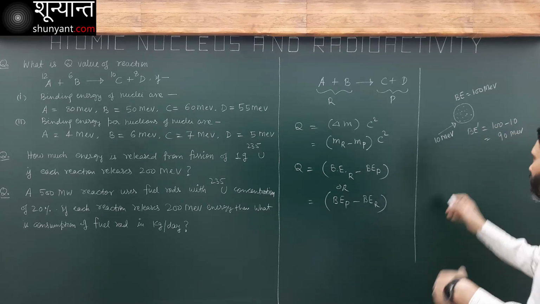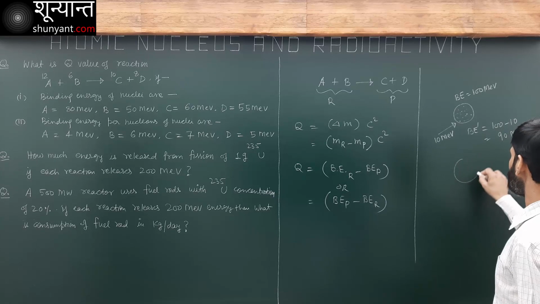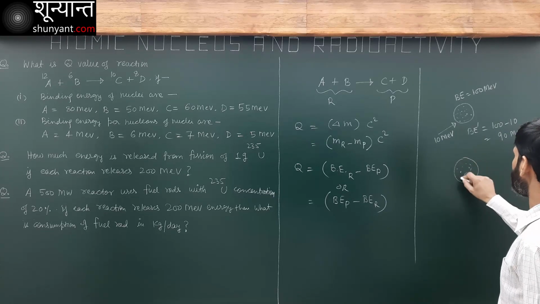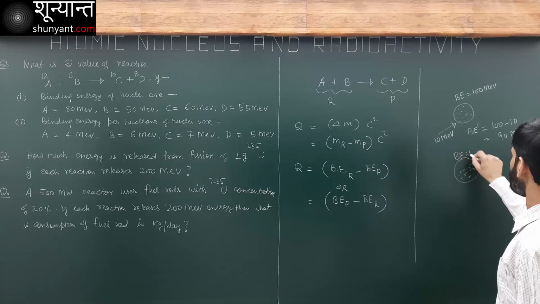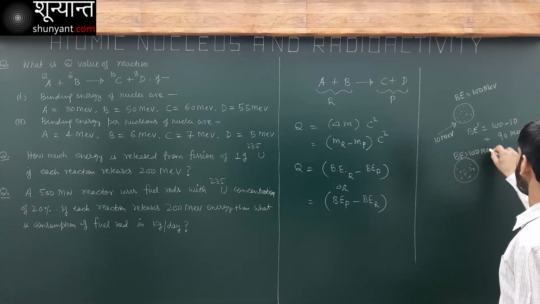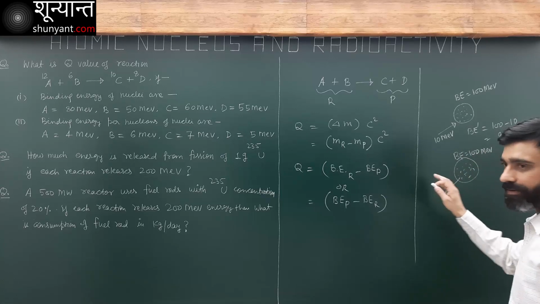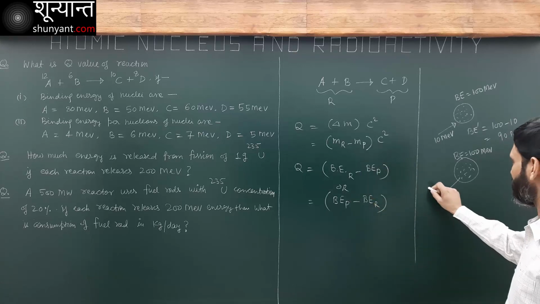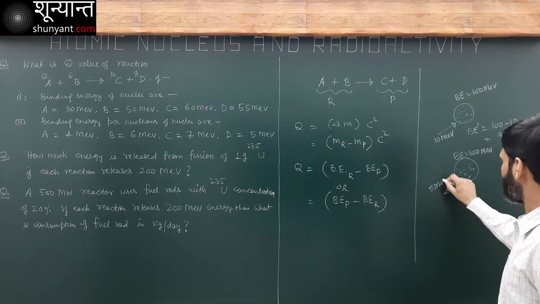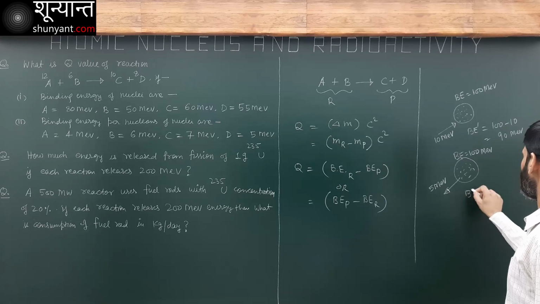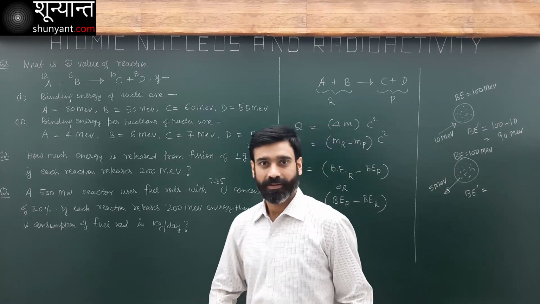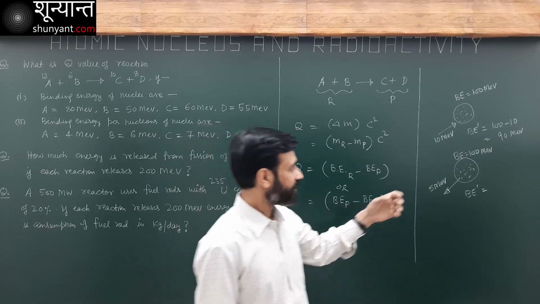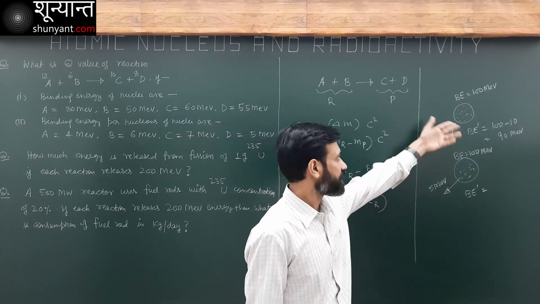And if some energy comes out, let's say I have the same nucleus with binding energy 100 MeV, and let's say that it releases 5 MeV. Then what will be the new binding energy? In this case it is going to increase. It is just the reverse of this.